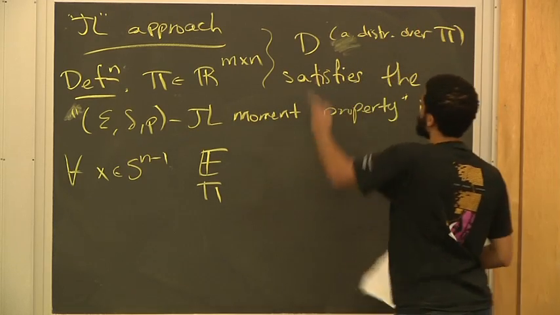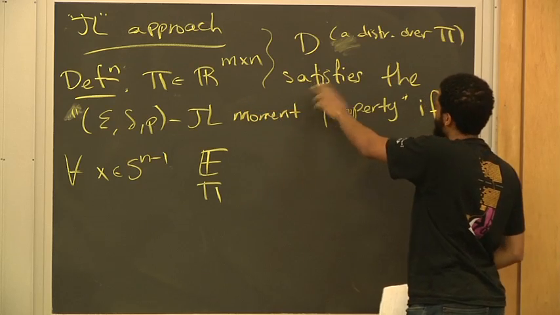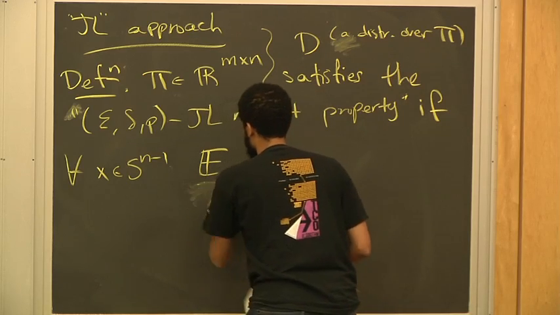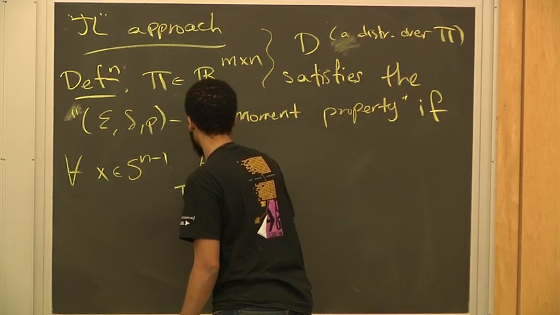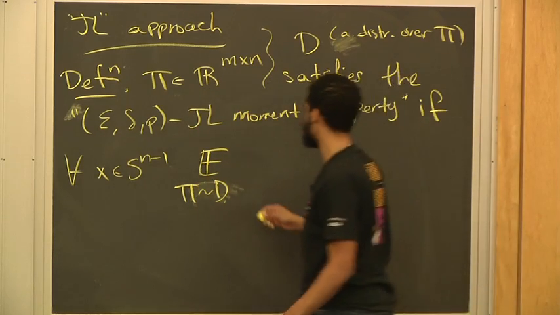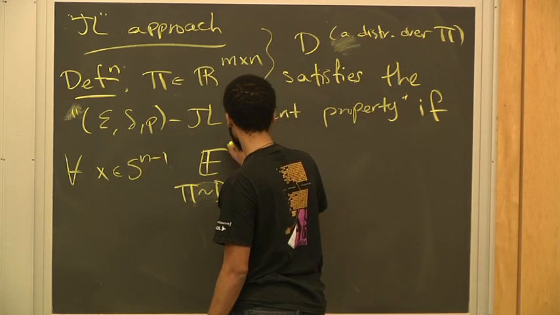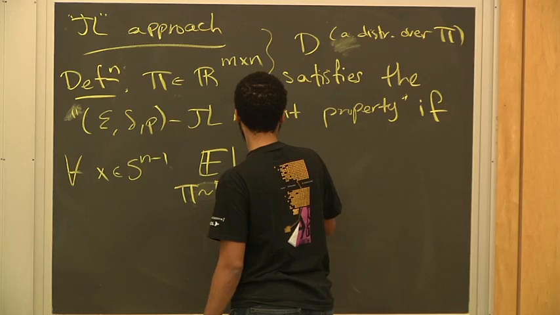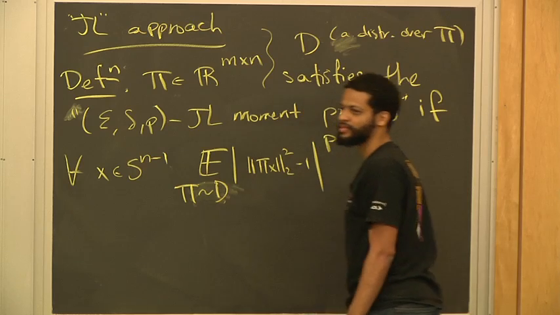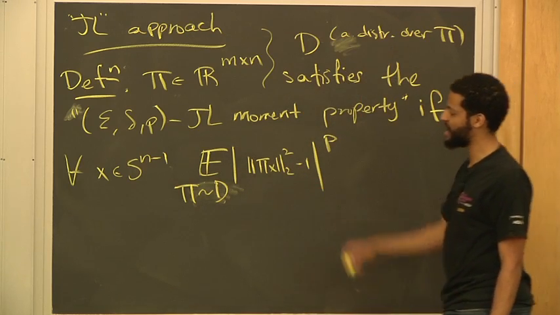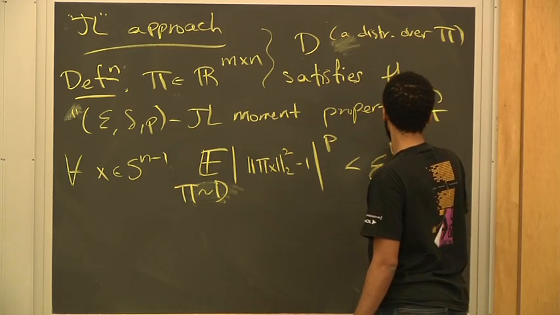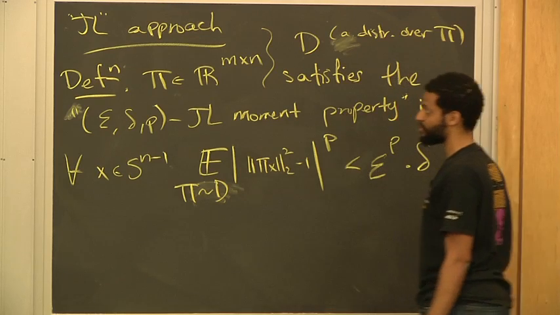This distribution satisfies this property if, when pi is drawn according to this distribution and you take the expectation of this quantity, it is small.